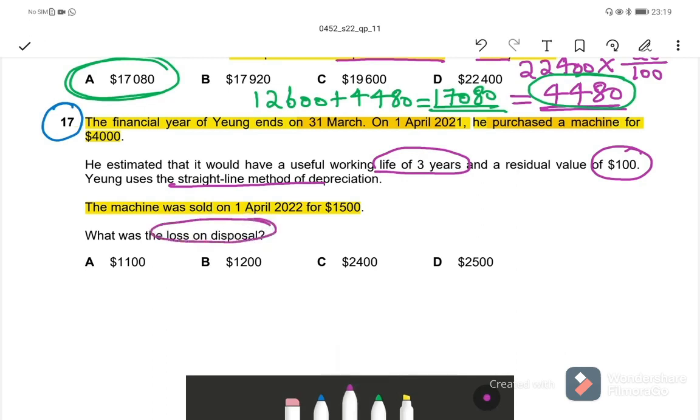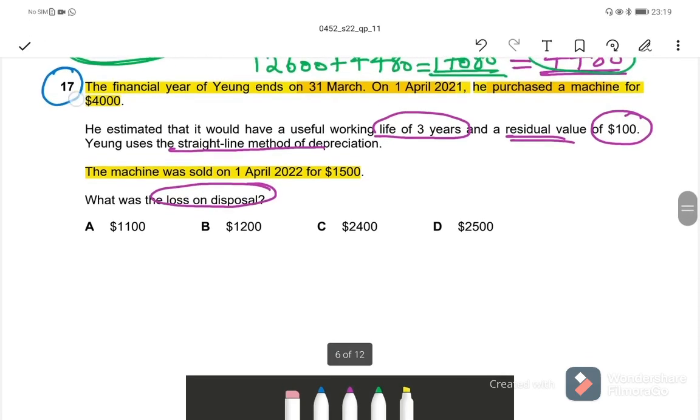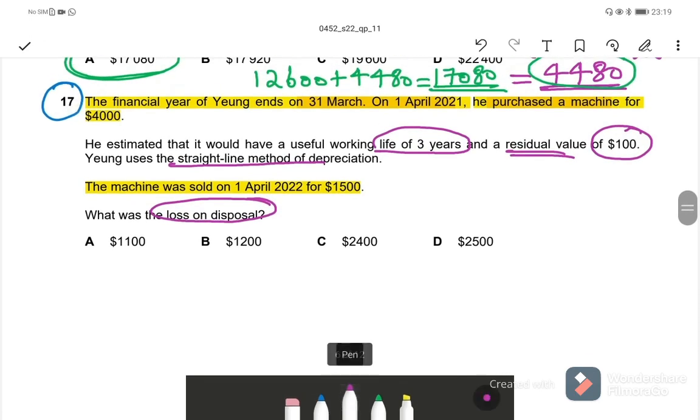That is the question. So first we have to calculate the depreciation on the straight line method. Cost minus residual value divided by useful years. What is the cost? Cost is 4,000.